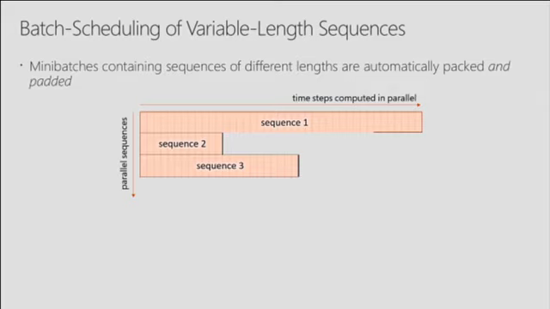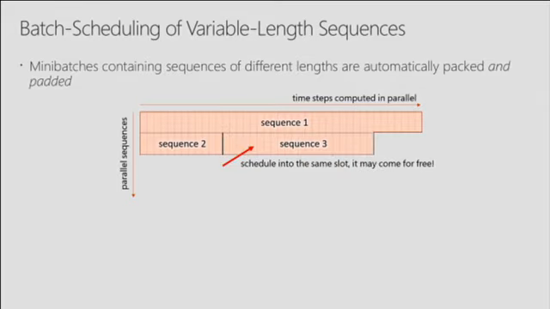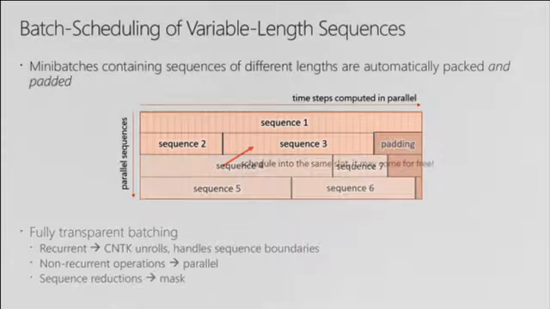So in CNTK, we use a different trick. Essentially, we take the longest sequence and then we examine whether two other sequences added together would be of shorter length than the longest one. In this particular case, we're putting sequence number 3 right behind sequence 2 to execute.